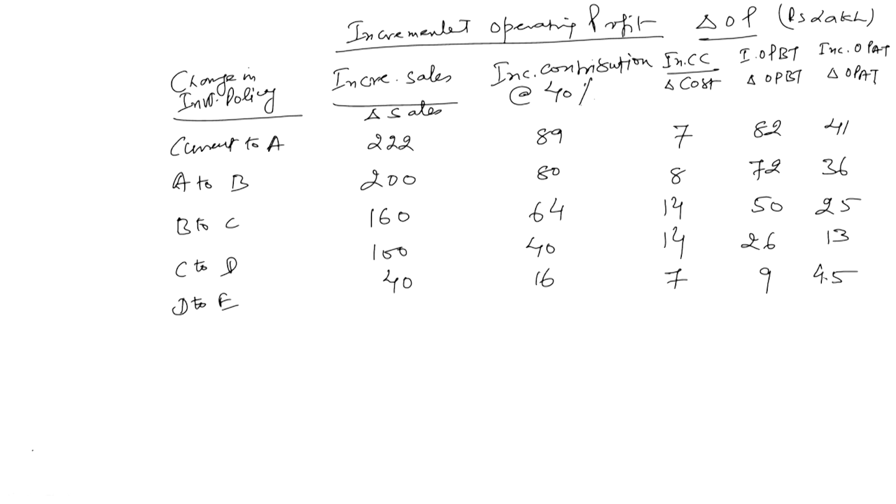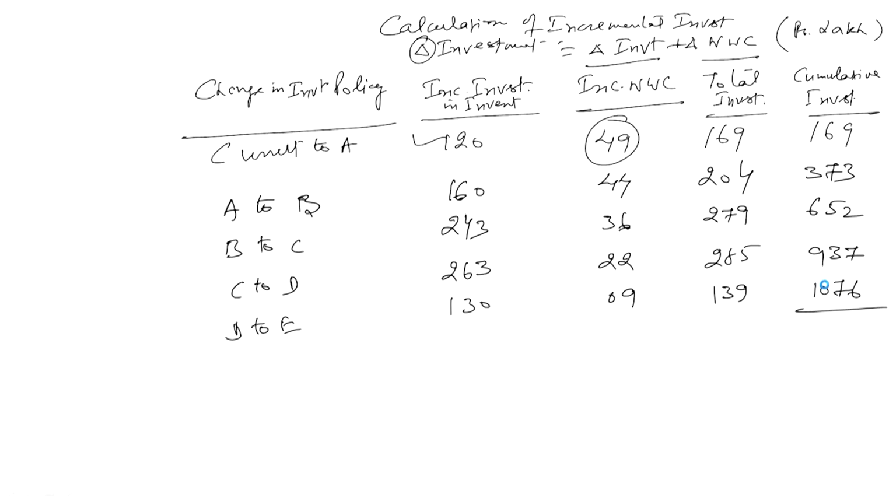the expected rate of return. The expected rate of return, called R, is equal to the change in operating profit divided by the change in investment. So delta operating profit divided by delta investment. We have worked out the change in operating profit here, and in the previous calculations we have found the change in investment, the cumulative investment.